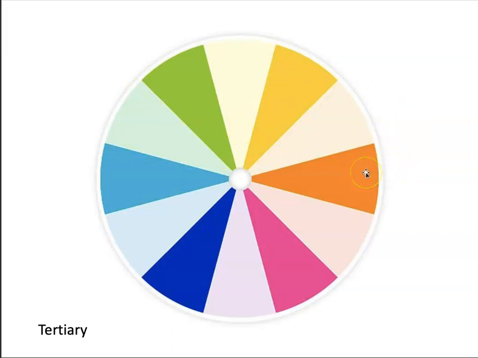Then on the other side of the secondary, we have red-orange. Then we have red-violet, then blue-violet, blue-green, and yellow-green, YG. You always have to name these with the primary and then the secondary.